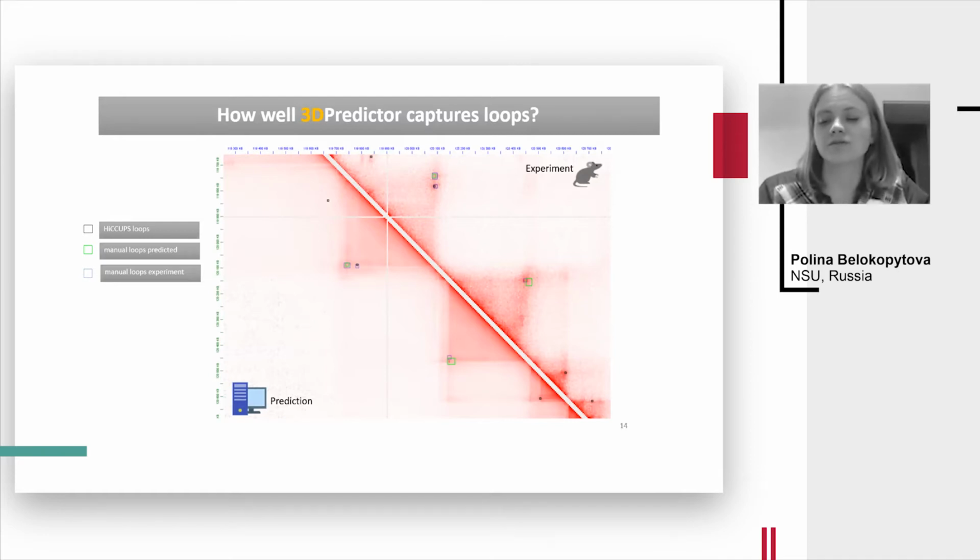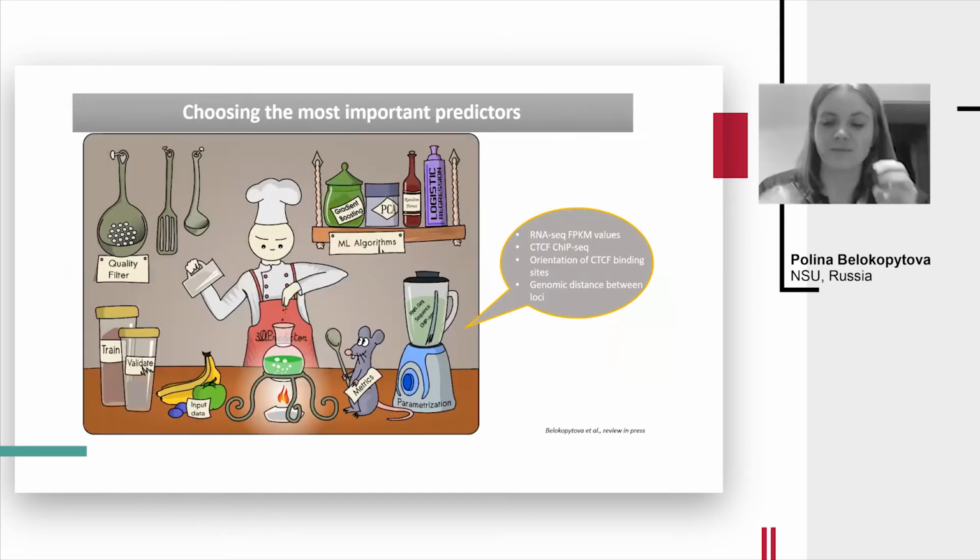After that, we tried to investigate the black box of gradient boosting. We extracted the feature importances, in other words, the contribution score for every predictor, and show the most important predictors and the most sufficient predictors: RNA-seq data, CTCF ChIP-seq data, orientation of CTCF binding sites, and genomic distance between loci.